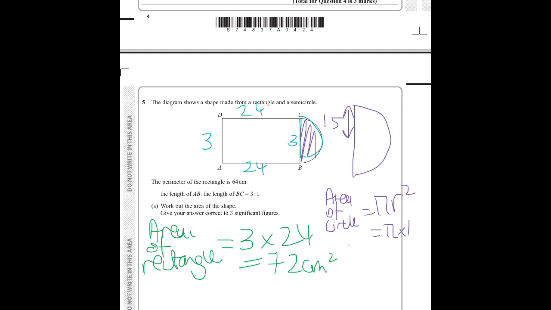And I'd say pi times 1.5 squared, which is 7.06. Now we've only got half of this. We've only got the semicircle, so let's divide that by 2. So the area of the semicircle is, I'm going to just divide that by 2, which gives me 3.534.